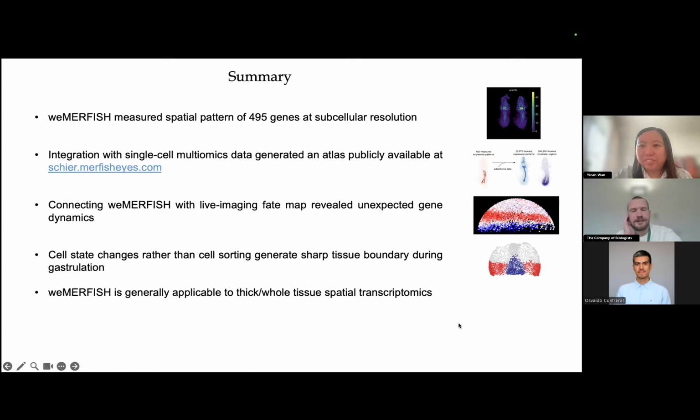And my second question is, you look at around 500 genes simultaneously. Is there a limit to how many you could look at, depending on the number of rounds you can do of the probe and removal of the probe? Actually, we haven't reached the limit yet.